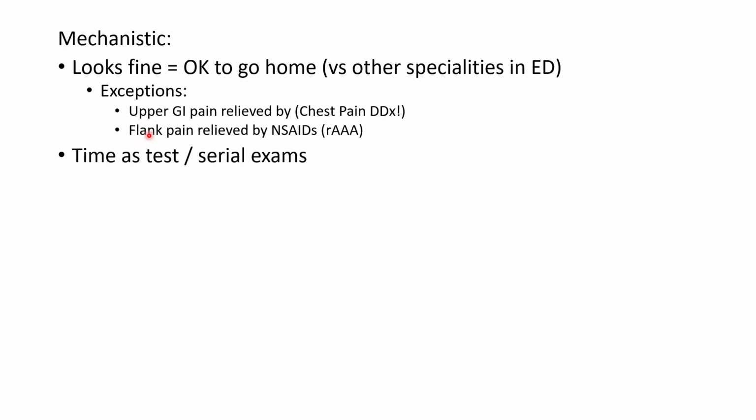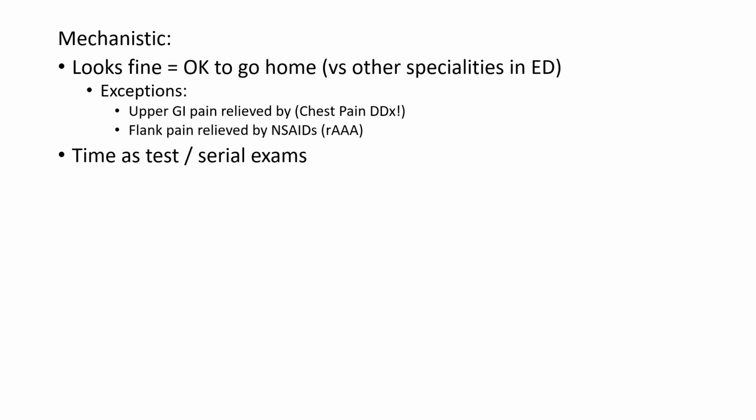Then there are some like the flank pain syndrome. A ruptured aortic aneurysm is commonly missed, and flank pain is one of the most common ways of missing it.